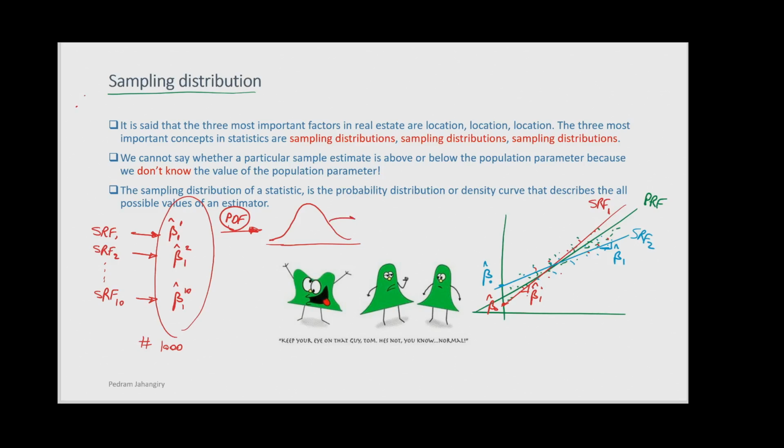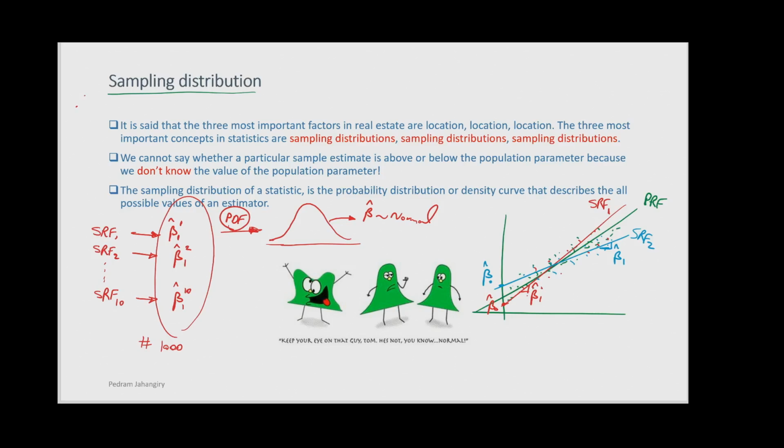And actually we're going to make some assumptions. Based on those assumptions, we're going to say that the distribution is normal. Again, this is a topic for our future classes. But for now, let's assume that if you do this repeated sampling thousands of times, you will get a distribution for your beta hat, and the distribution is going to be normal, right? Normal distribution.